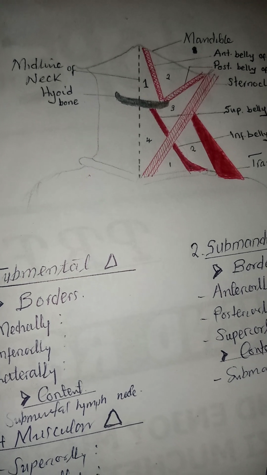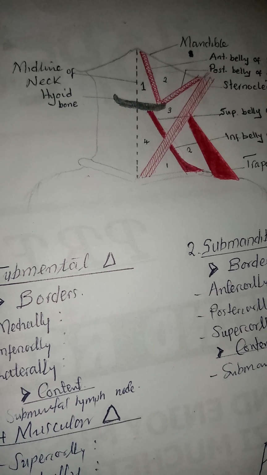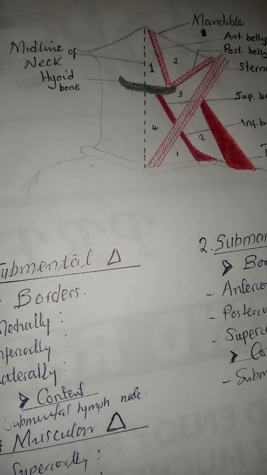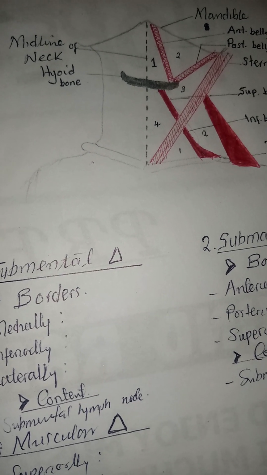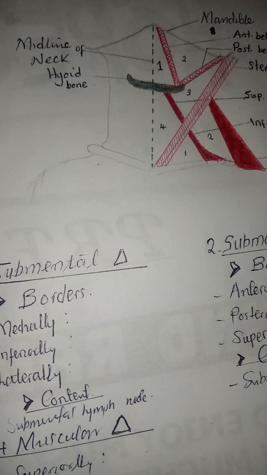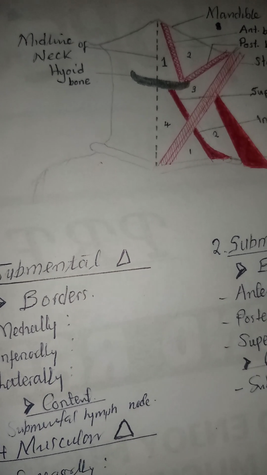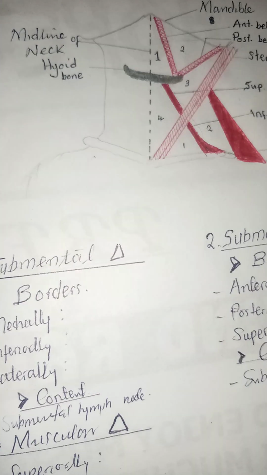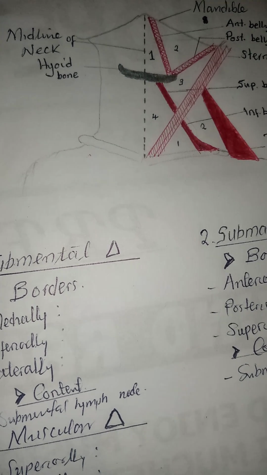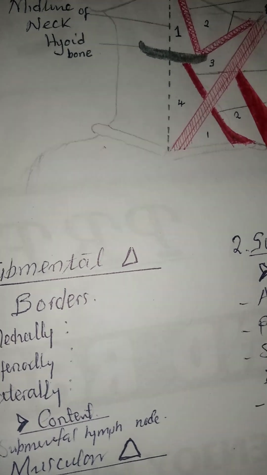Even the parathyroid gland you can still find, but the main one, as I said, is the infrahyoid muscles. There are basically 4 infrahyoid muscles. We have the sternohyoid, the sternothyroid, then the thyrohyoid, then the omohyoid.